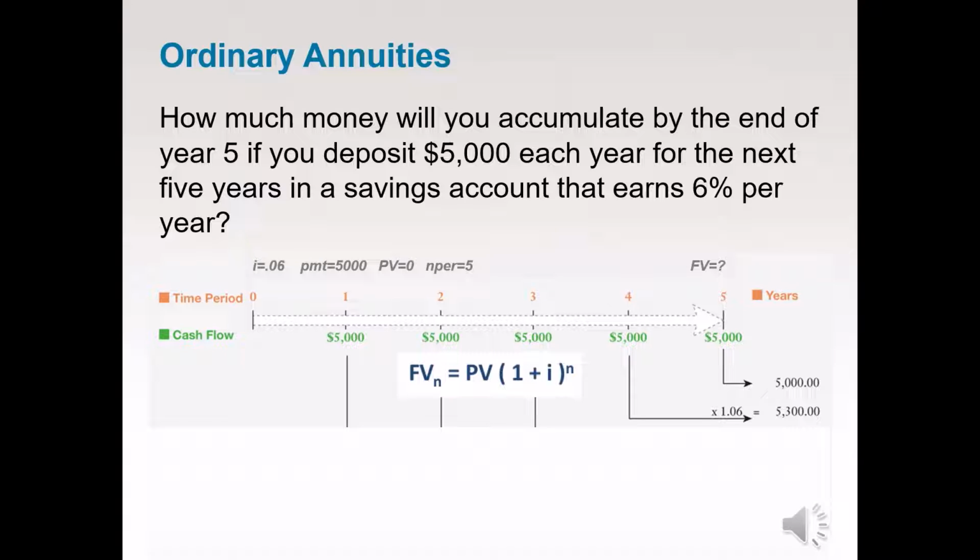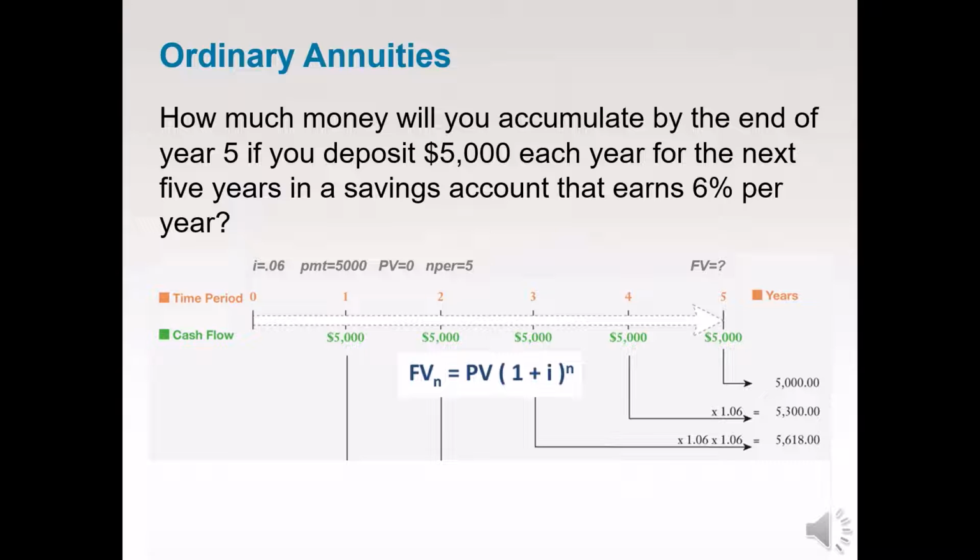So you can see here our equation is to take the $5,000 present value at year 4 and add just 1 year's of accumulated interest by multiplying it times 1.06. Now over to the right, you can see that we have our $5,000 that came from year 5 and our $5,300 that compounded from year 4's annuity.